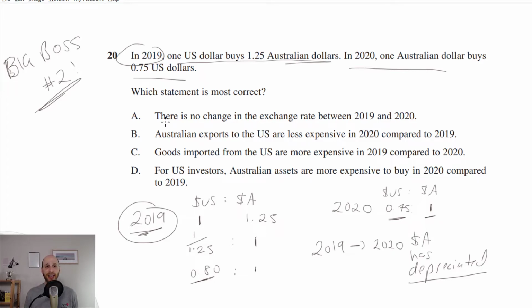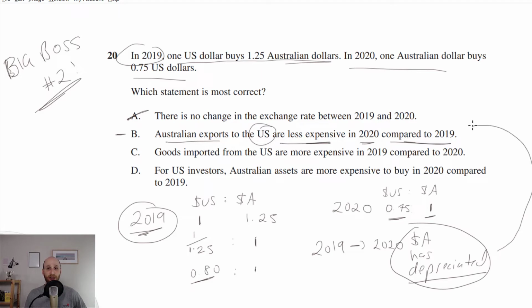So if you look at A, there is no change in the exchange rate. Well, that's not true. In B, Australian exports to the US are less expensive in 2020 compared to 2019. So Australian exports to the US are more competitive in 2020 compared to 2019. This is a possibility because if the Australian dollar has depreciated, that means that exports are cheaper.